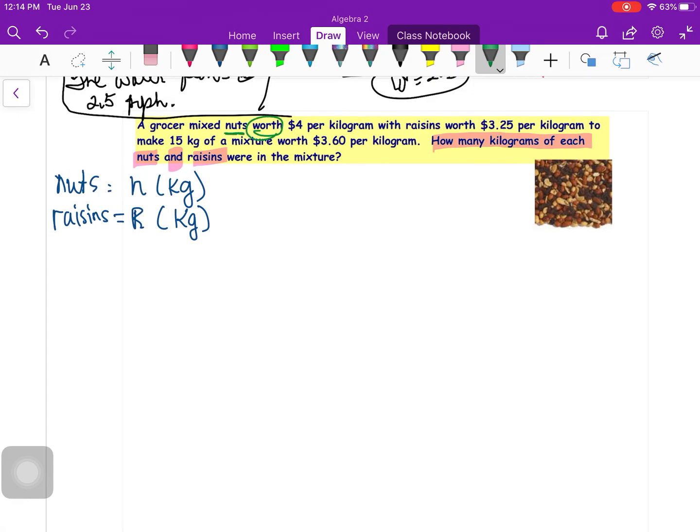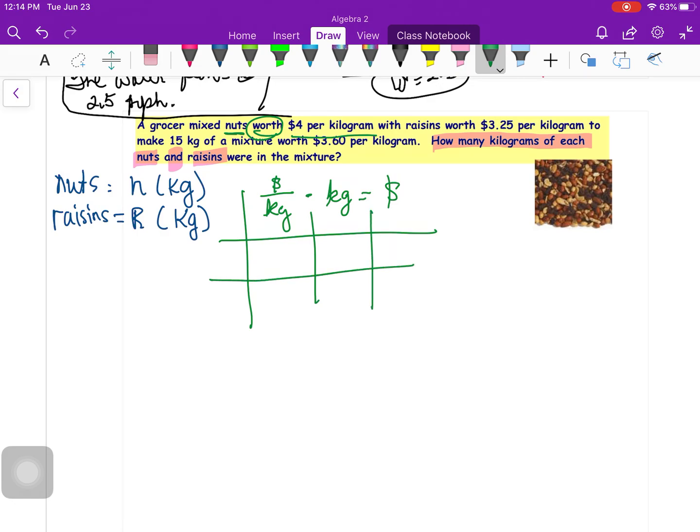So then when I read this, nuts worth, that's my verb, $4 per kilogram. So again, that per is a fraction, so that gives me dollars per kilogram. Multiplied by the denominator gives me the numerator. And this is a way I can start to organize my table.